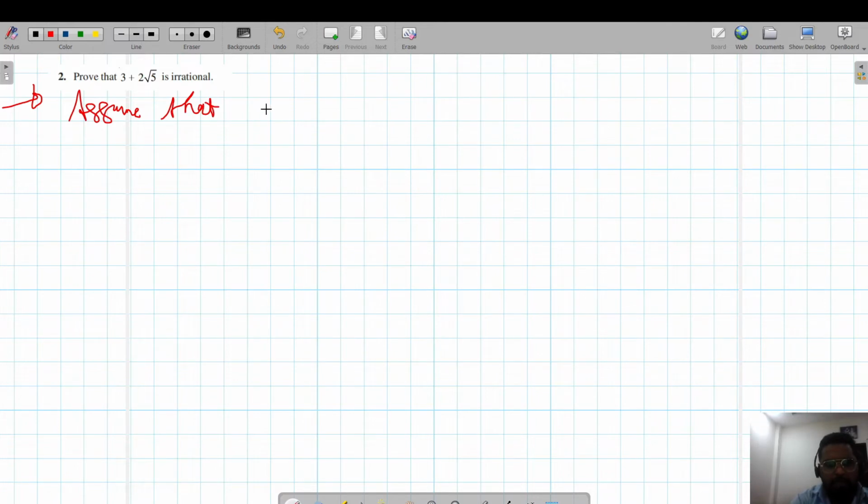I need to assume that 3 plus 2 root 5 is a rational number. We need to assume the opposite of the given question. The question says 3 plus 2 root 5 is irrational, that's why we are assuming that it is rational here.